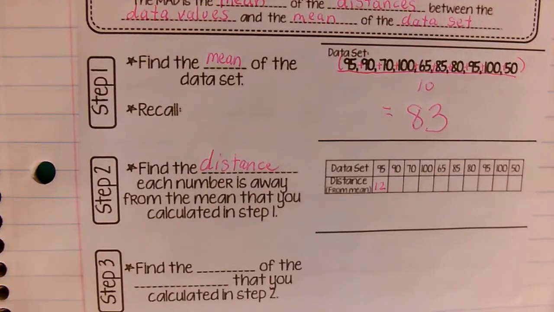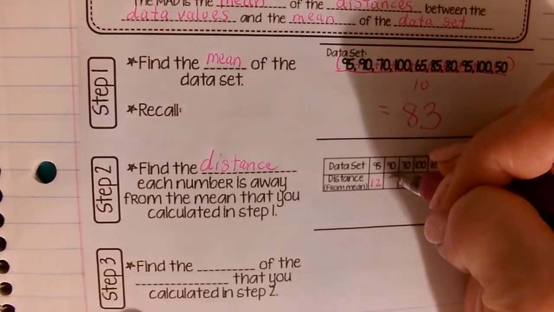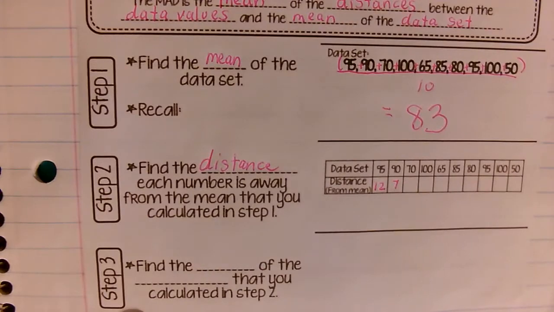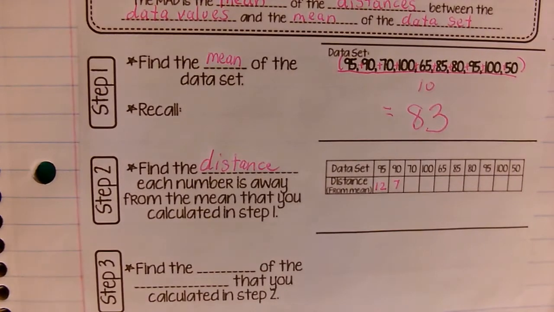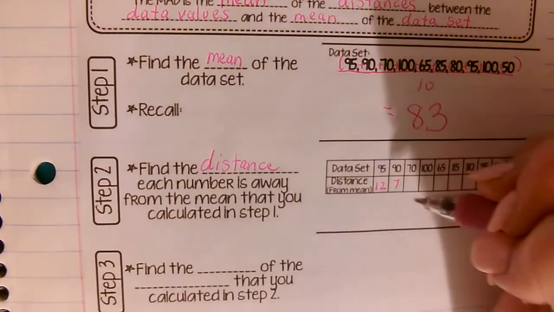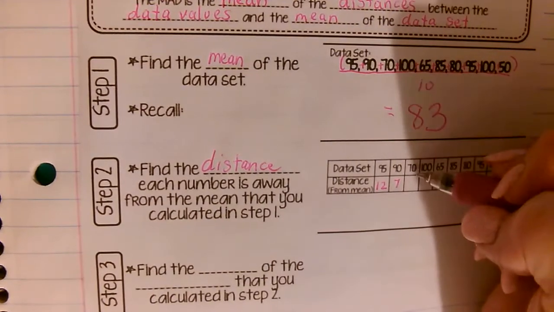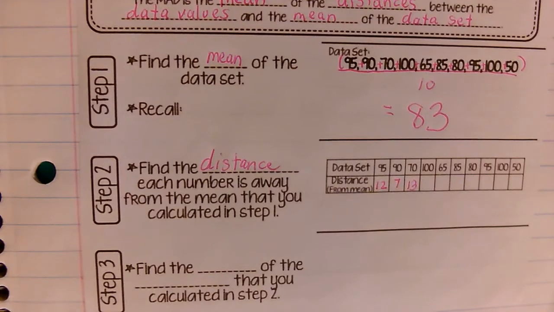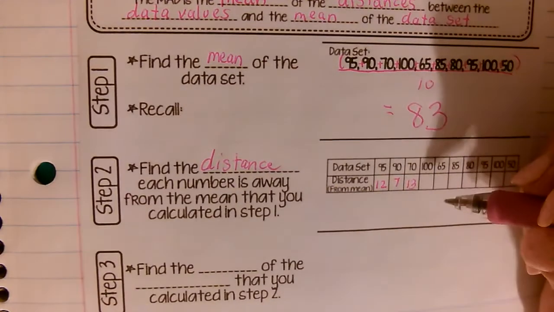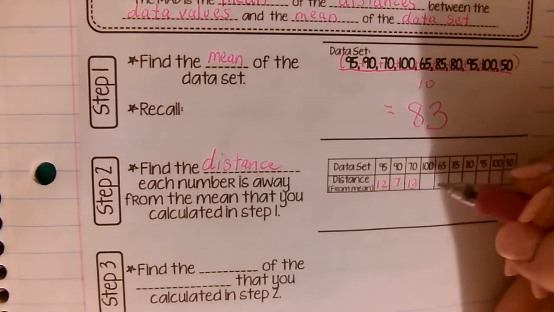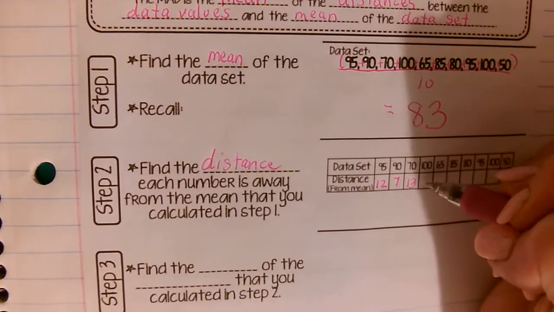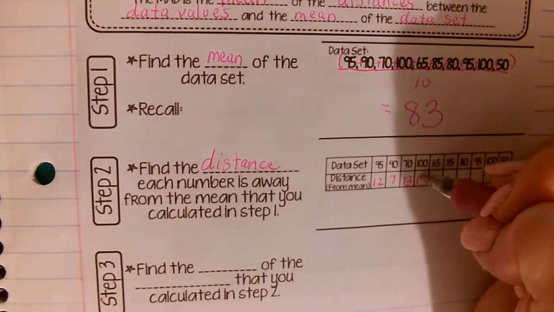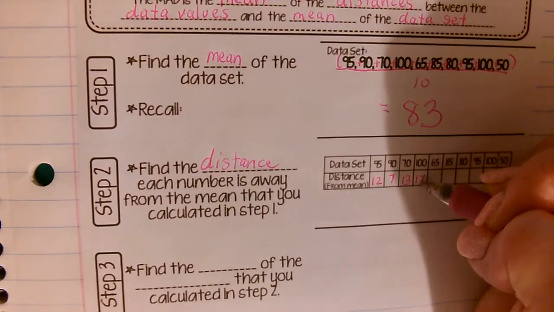I do 90 minus 83, and I get 7. 83 minus 70 is 13. Said that wrong, didn't I? And then 100 minus 83, because we just do distance, which is positive, so that's 17.